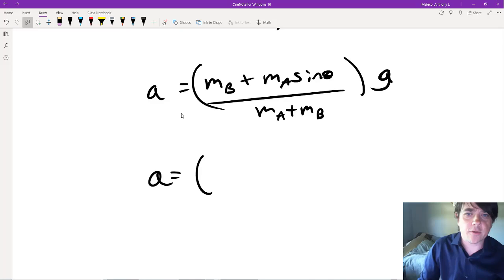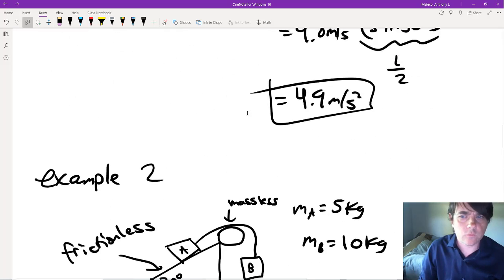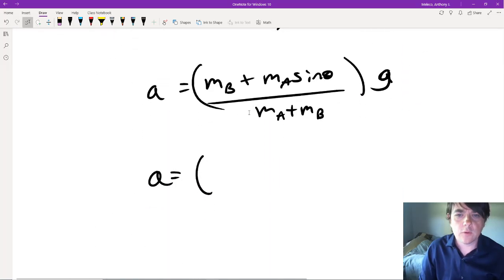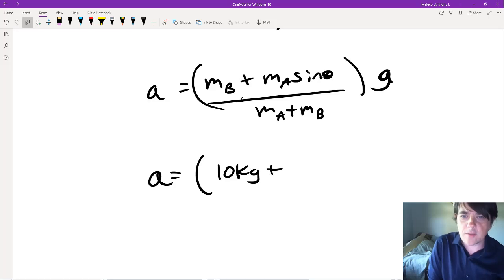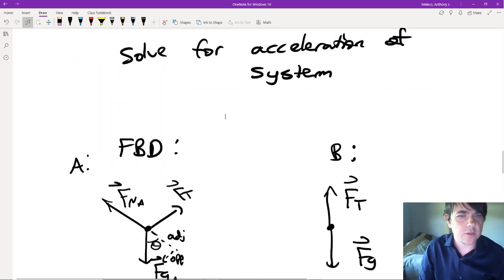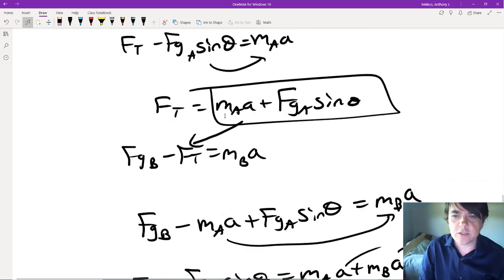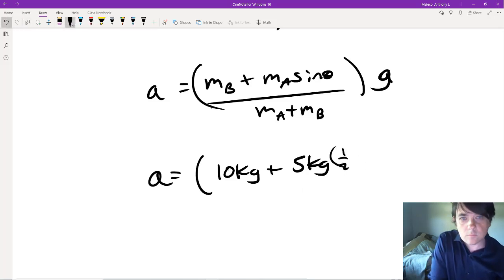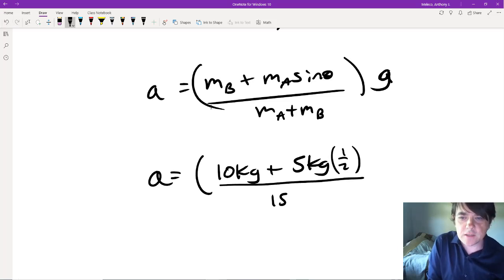So now let's get a value for it. m_B was, I forget, 10 kilograms. So we've got 10 plus m_A, which was 5 kilograms, times sine of, I believe we were on 30 degrees. Yeah, 30 degrees. So sine of 30 degrees is just 1/2. That's why I use it all the time. Over 15 kilograms. This is times g.